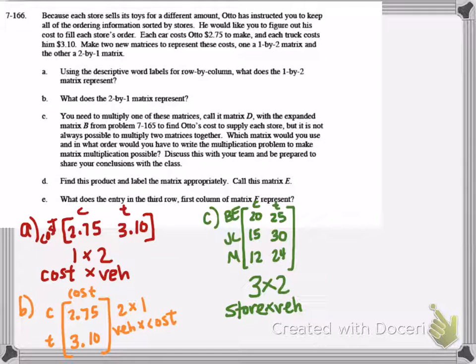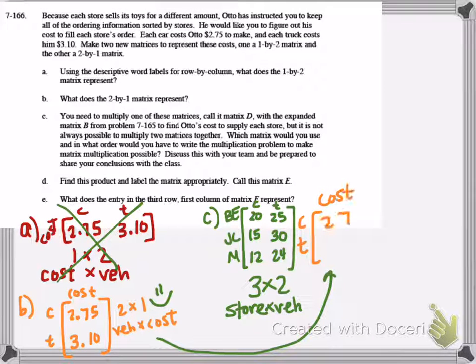Now, if you look at the red matrix from part A that we made, it doesn't matter if I put this matrix on the right or the left, the dimensions won't match up. And in fact, the vehicle labels that I need to match up won't either, because I need to have cars and trucks being multiplied into each other as the inside dimensions. So matrix A is out, and I'm using the one from part B. Okay?